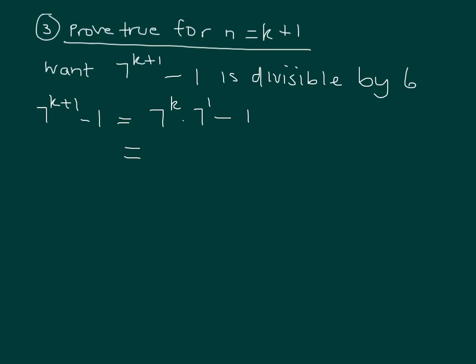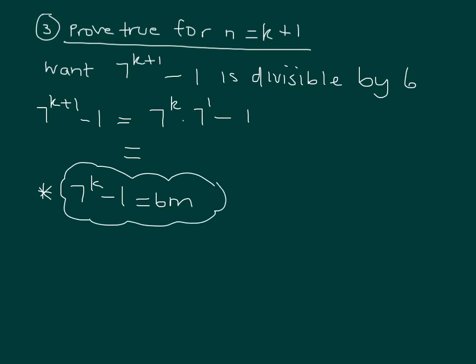Now 7 to the k, what we did on the other page, the little assumption bit, I might just write it as an asterisk right here, was that 7 to the k minus 1 equals 6m. That's what we're going to use. So we have to split this one up. Remember our indice laws, same base, I add the indices.